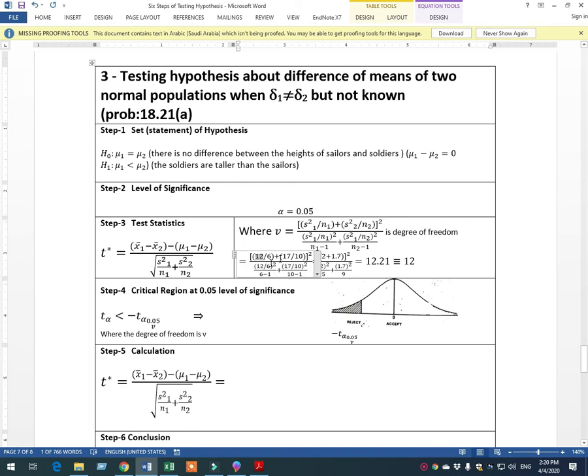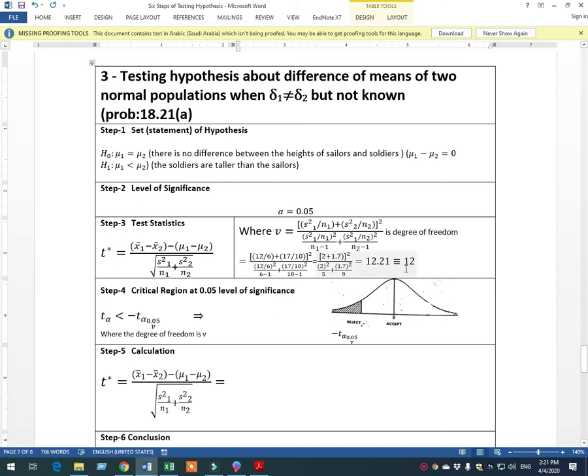You know how to calculate the variance, and this n1 is 6, then the second variance is 17.00 something, but I have put it there as 17, divided by n2 is 10, and the rest of the values are put in the formula accordingly, and finally we get the value of 12.21, which is equivalent to 12, because the T table doesn't take the ratio value. So that's why I have taken the absolute value closer to 12.